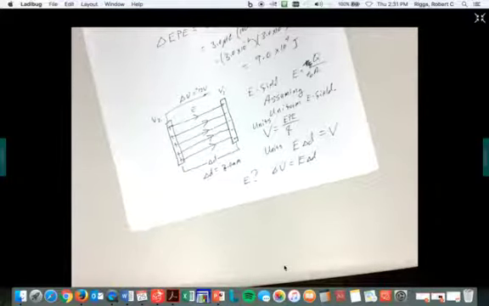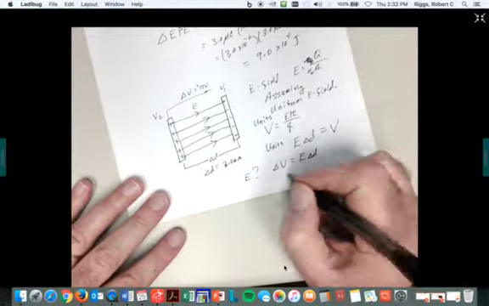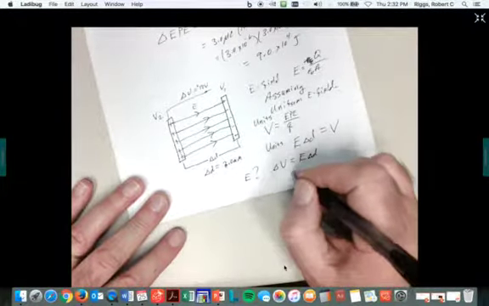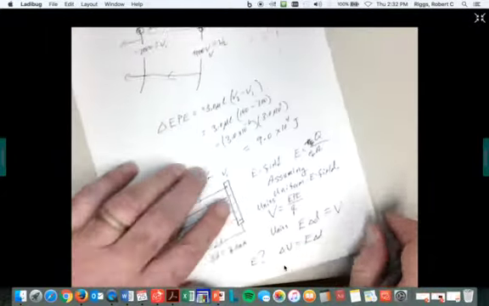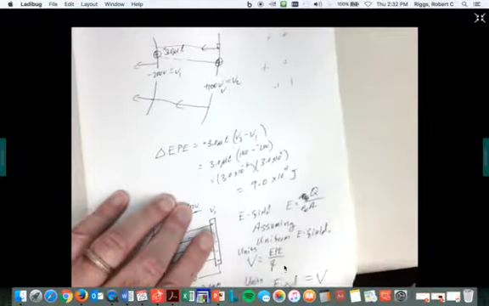The E field then, I'm sorry, I was trying to jump way ahead.